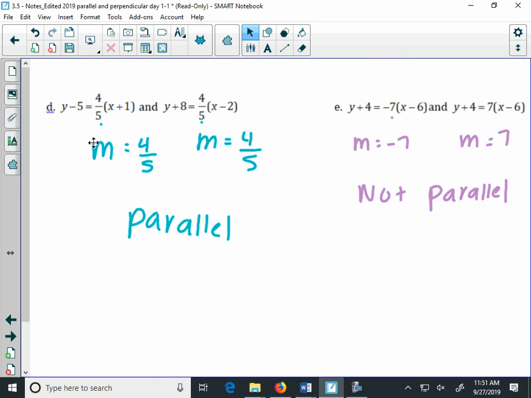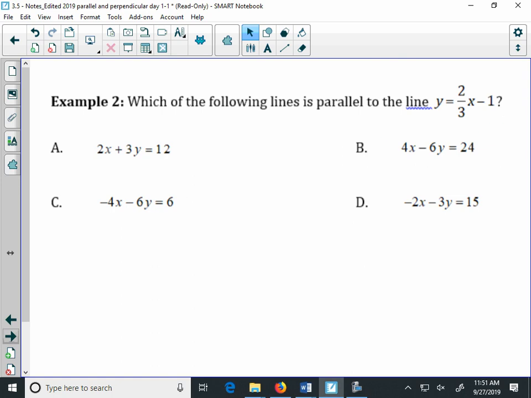If we take a look at the next one. Which of the following lines is parallel to the line y equals 2/3 x minus 1? Before there was this Desmos calculator online, what we would have to do is solve each of those four equations for y, and see which one had the same slope. Do you really need to do all that work?